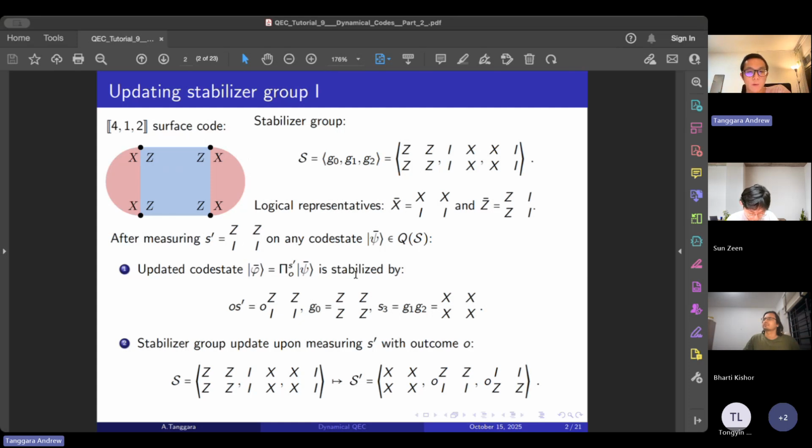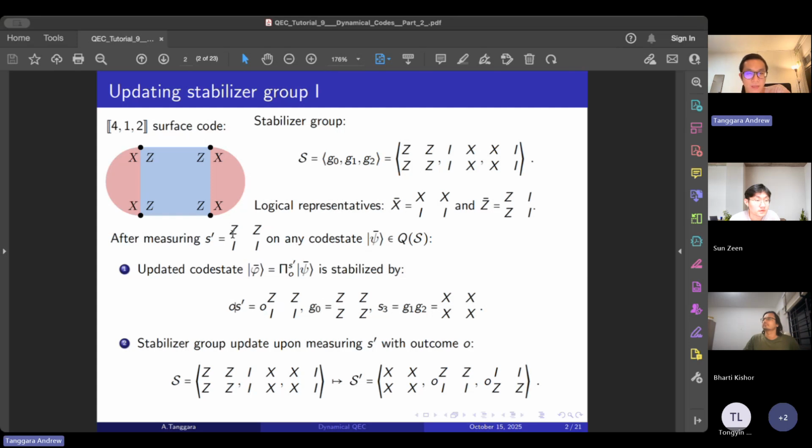What you will find is that your new code state, phi bar, is going to be stabilized by these three operators. As you might see, the first one here depends on this outcome O, which is going to be either +1 or -1.